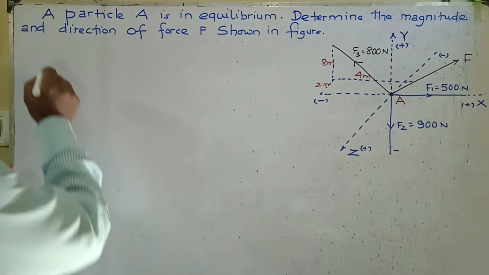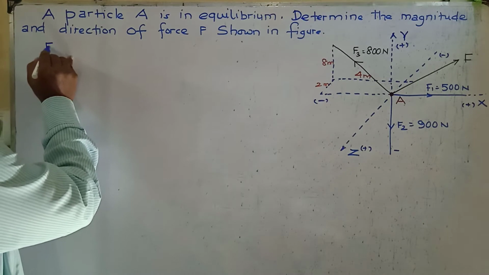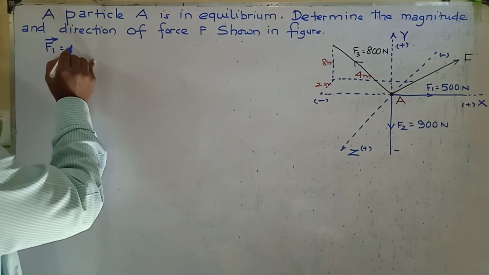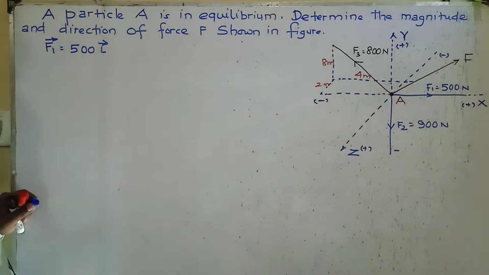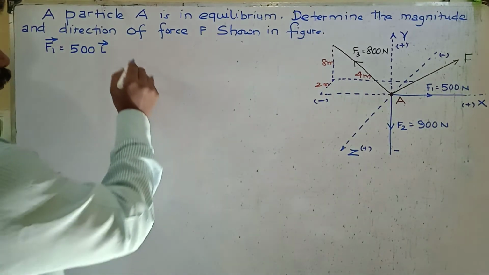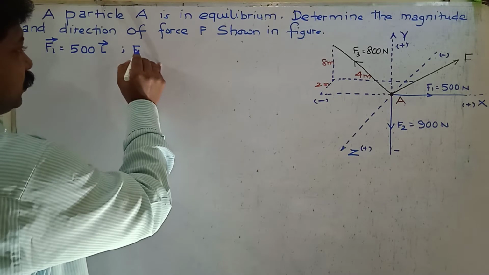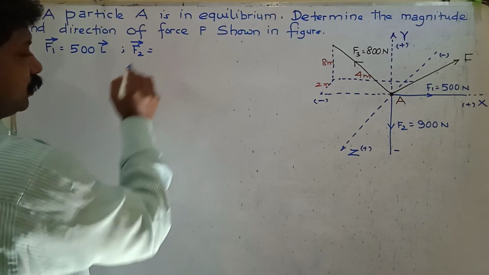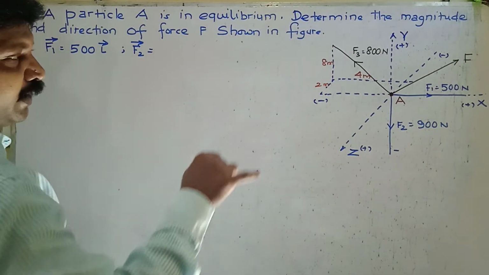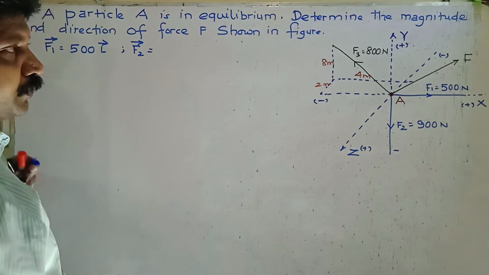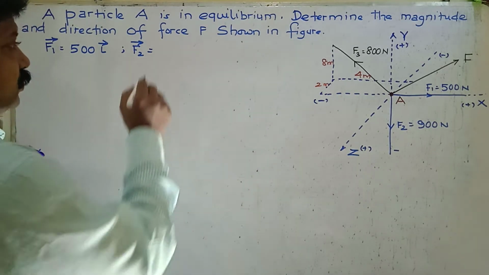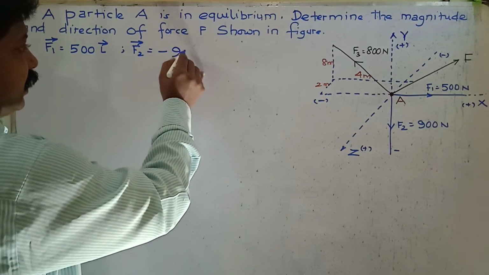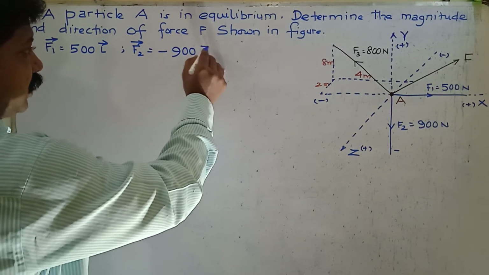So F1 vector equals 500 i vector, and F2 vector equals minus 900 j vector, because the downward direction is negative.